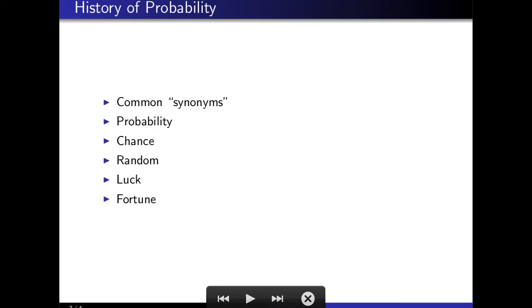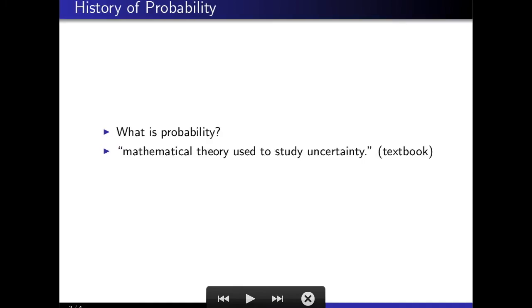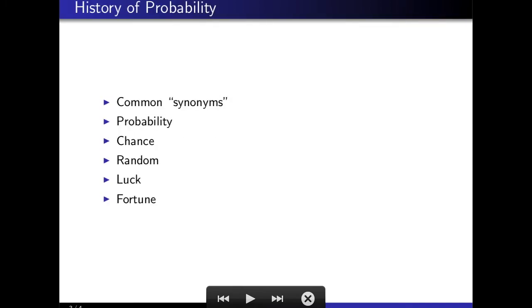So to us, probability has kind of this idea from the textbook: we're studying something uncertain. But we could also look at it as the probability of something happening, or maybe the chance of something happening, which is where the second one comes in.